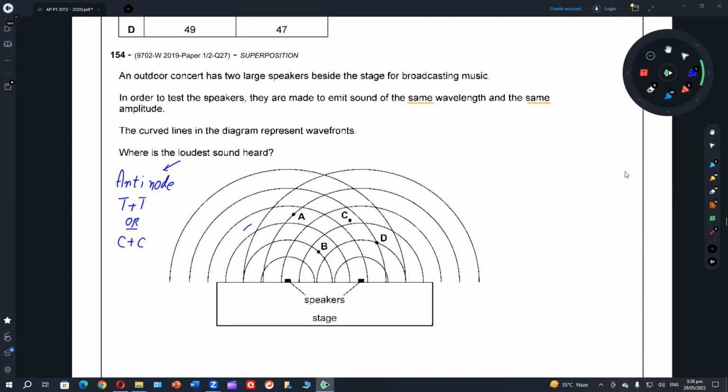So suppose you want to show, for example, this is the crest.